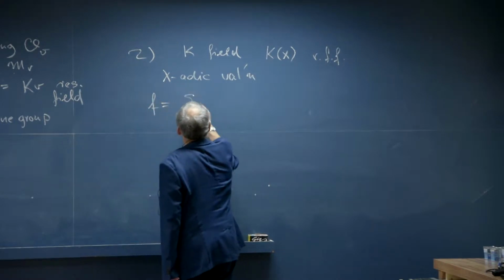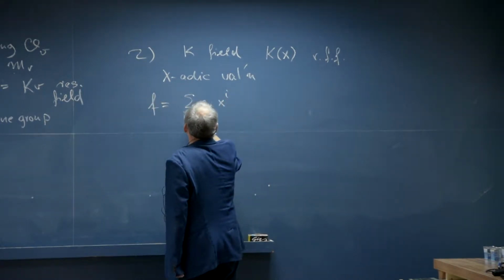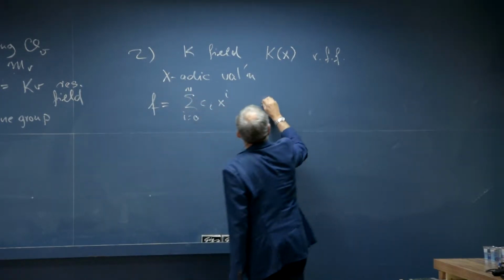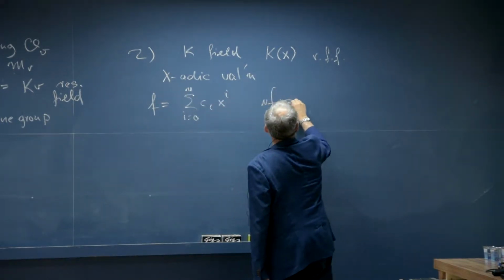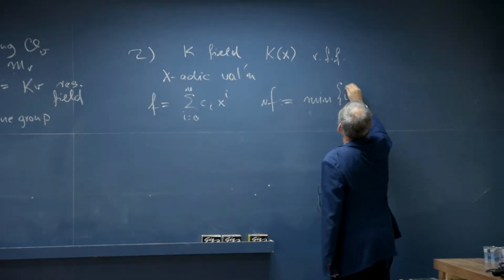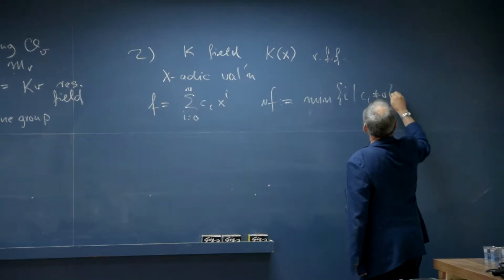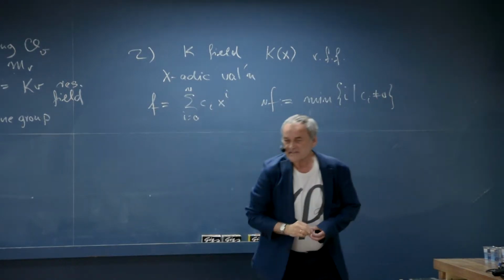If we take a polynomial, the sum of c_i x to the i, then we take v of f to be the minimum of all indices i such that c_i is non-zero. So that's the x-adic valuation.